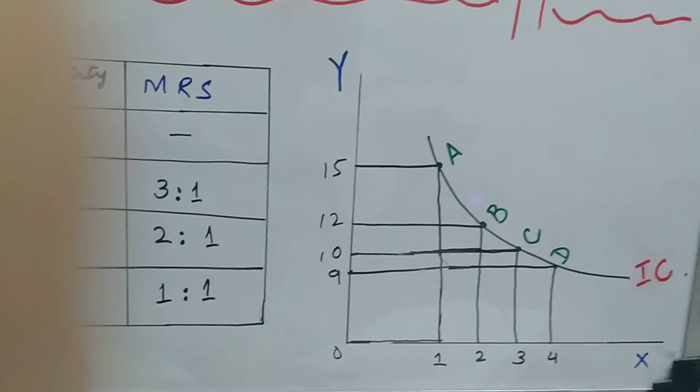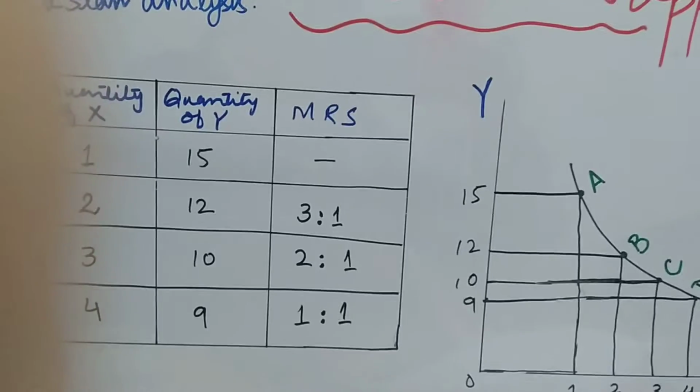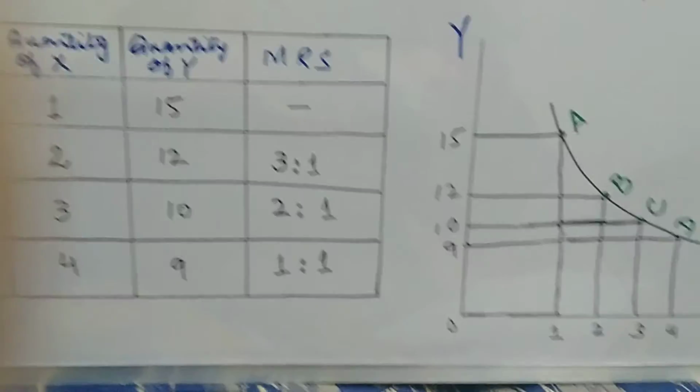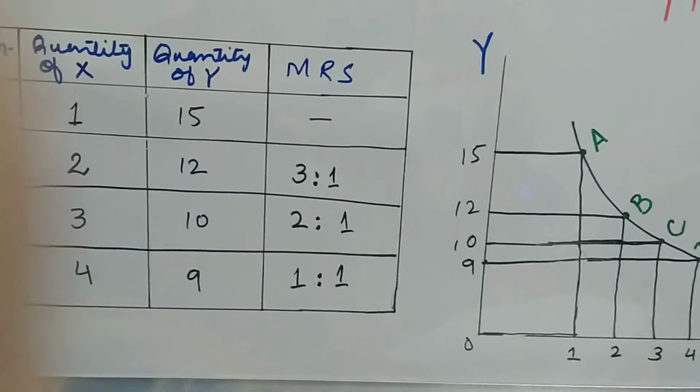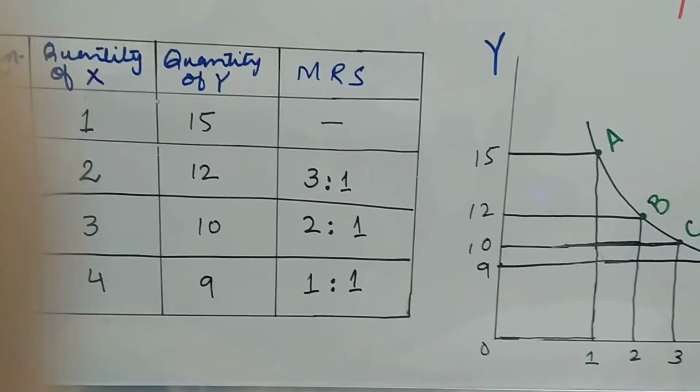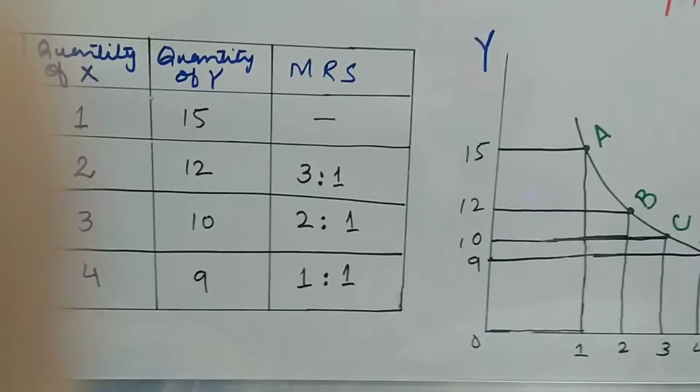Now we will move to the last column of the table, the marginal rate of substitution column. Let me explain it in detail.